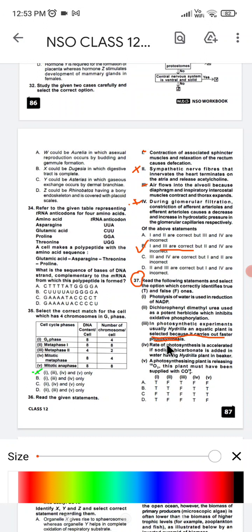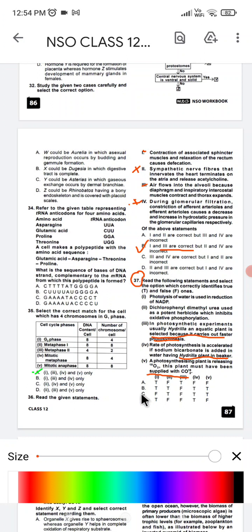And next one is, the rate of photosynthesis is accelerated if sodium bicarbonate is added in water having hydrilla plant in beaker. And the last one is, a photosynthesizing plant is releasing oxygen 18O, so this plant must have been supplied with oxygen 18.